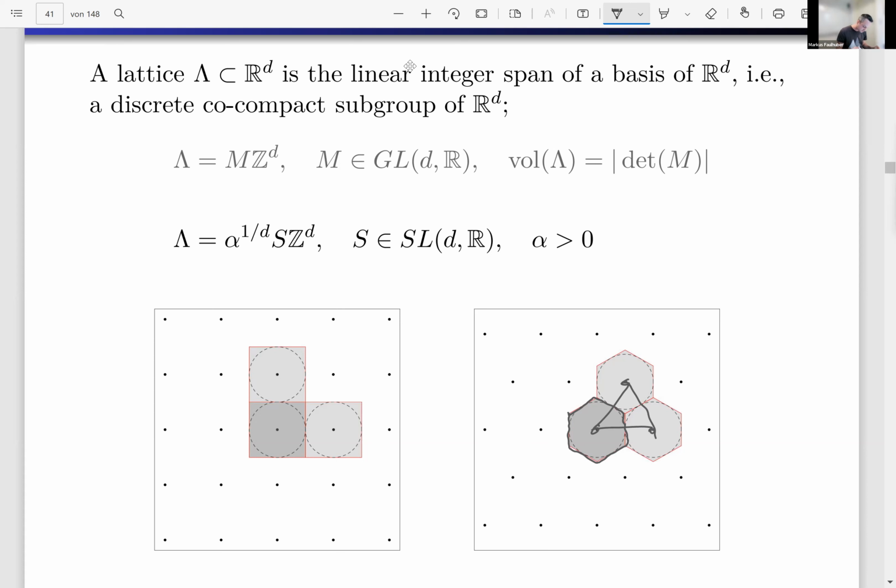It should not be confused with the honeycomb lattice, which would be something like this, but without the point in the middle. This is not a lattice in the mathematical sense because it does not have a group structure anymore. Physicists or chemists usually still call it a lattice, but as a mathematician, I would say it's a periodic structure.